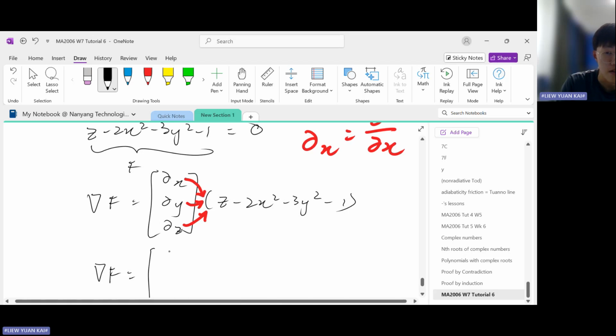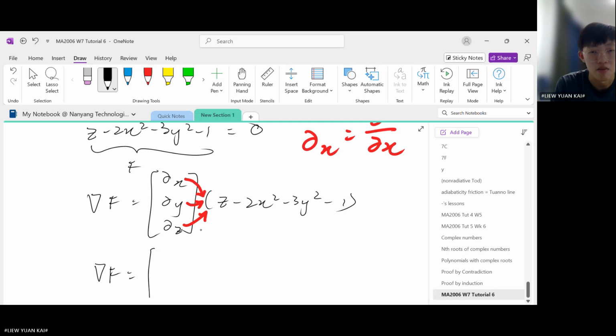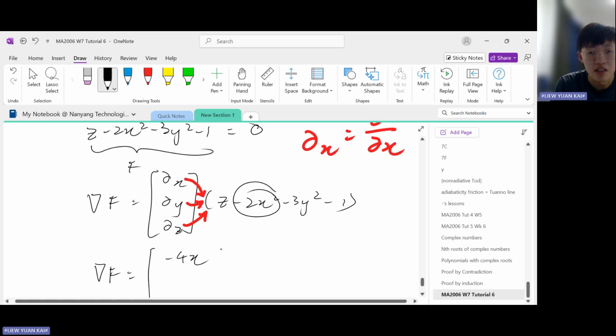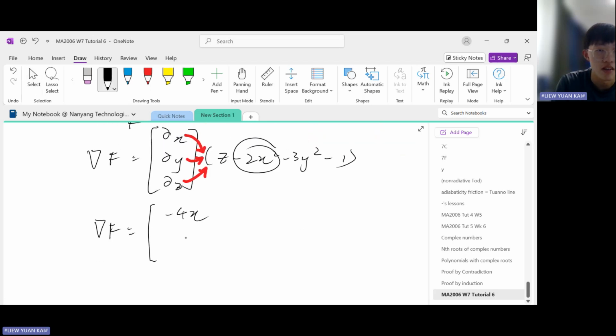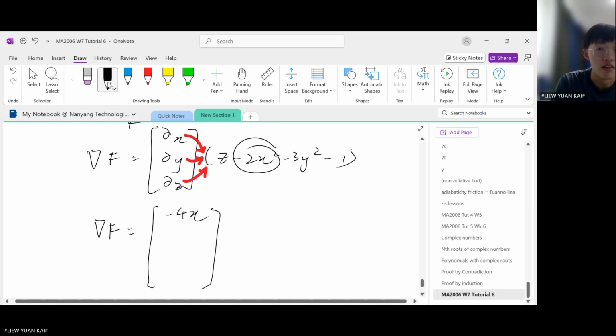In the first entry, we need to partially differentiate this with respect to x. Remember, z and y are seen as constants, so we only have this. I'm just differentiating this only because the rest of them are constants. Differentiation of a constant is 0. Next, differentiate the same expression with respect to y.